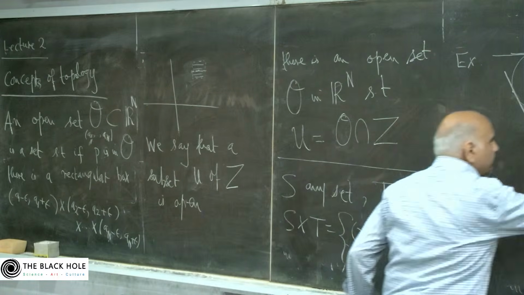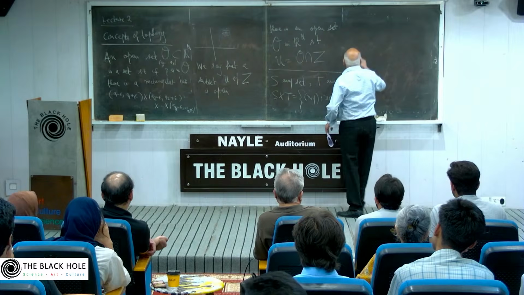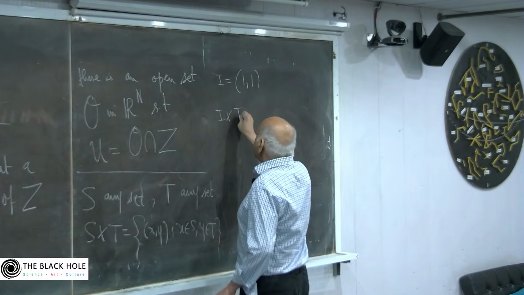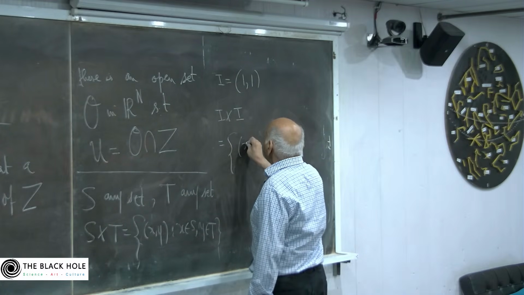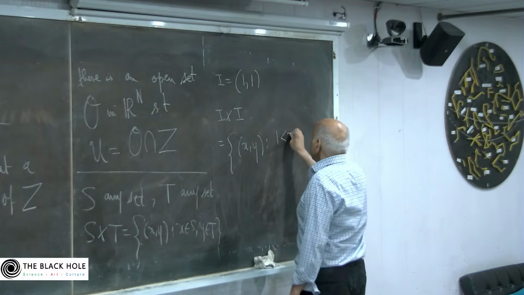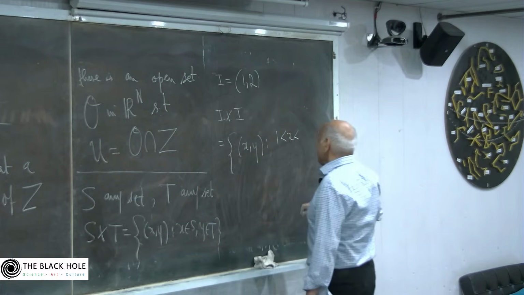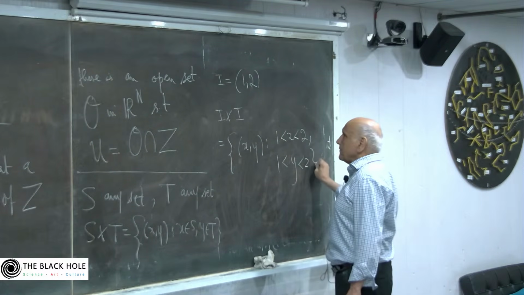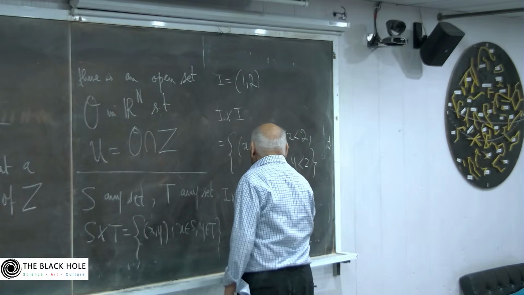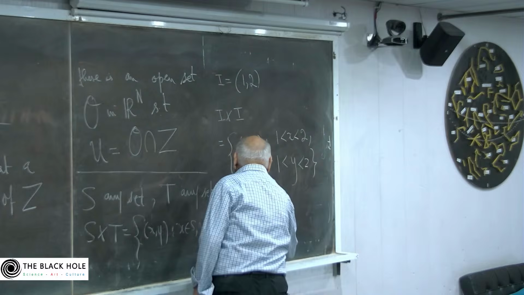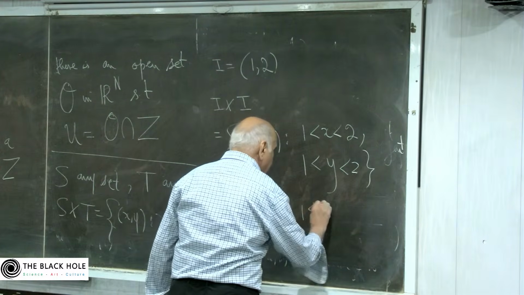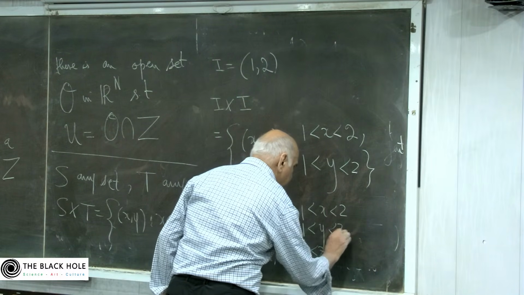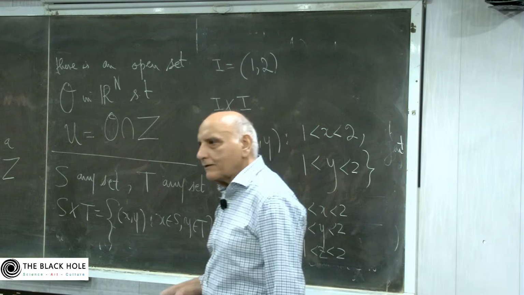So if I take the open interval (1, 2), then I cross I is the set of all (x, y) such that 1 is less than x is less than 2, and I cross I cross I is the set of all (x, y, z) such that x is between 1 and 2, y is between 1 and 2, and z is between 1 and 2. Is it clear or okay?